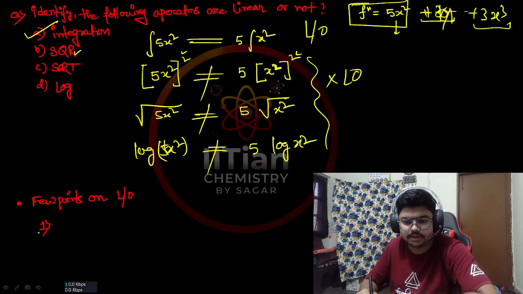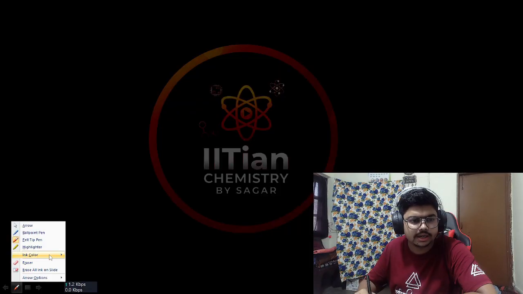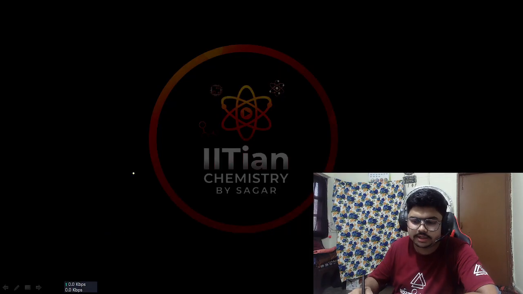A linear operator always commutes with a constant entity. Linear operator always commutes with a constant entity. What does that mean?